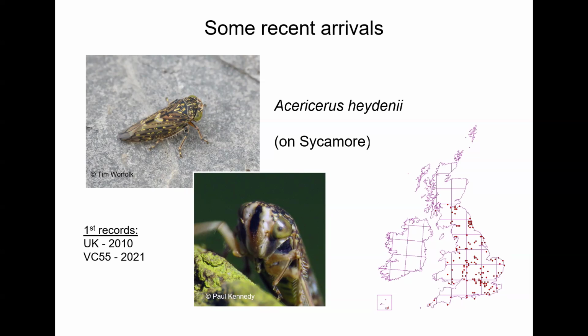And is probably one of the most frequently recorded species on iRecord, from what I remember. It's a tree-feeding species, feeds on sycamore. Sycamores are very common, of course, so it's perhaps not surprising that it's doing very, very well.